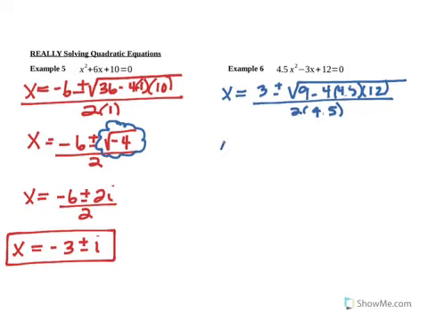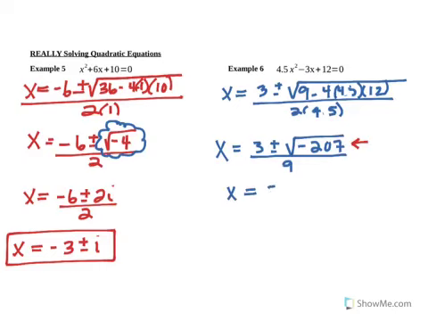So this is going to turn into 3 plus or minus the square root of -207 all over 9. We can pull a 9 out of this guy. So this is 3 plus or minus 3i root 23 all over 9.